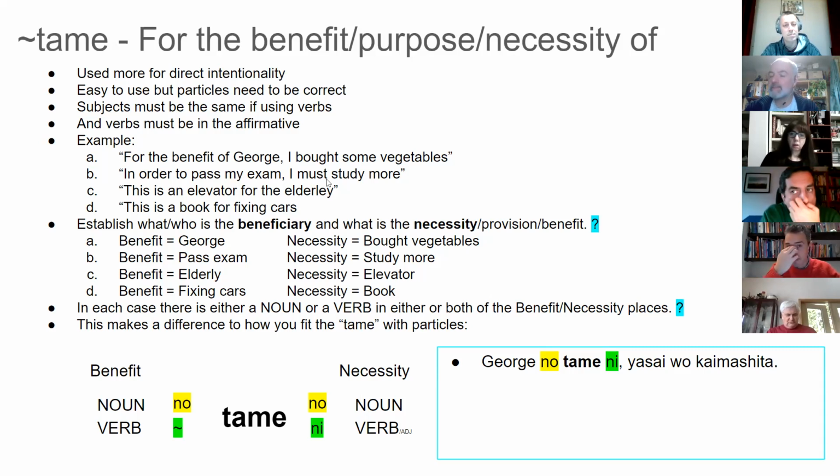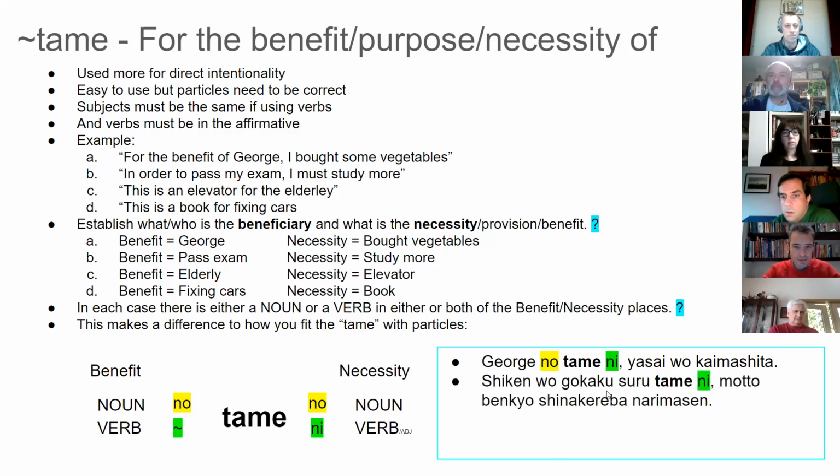So what you said was correct, but can you also put this into the I-have-to form? 勉強しなければ、勉強しなければ、勉強しなければなりません。 Exactly, yes. 勉強しなければなりません。試験の合格を受かる doesn't matter. 合格するためにもっと勉強しなければなりません。Good. Everybody okay?